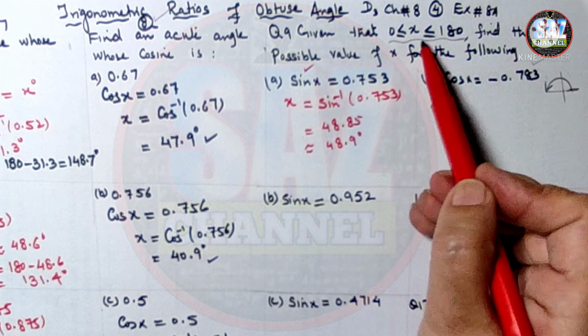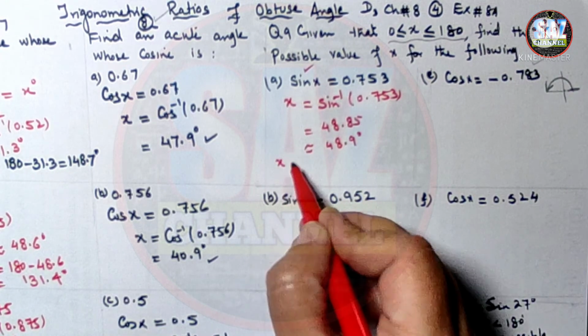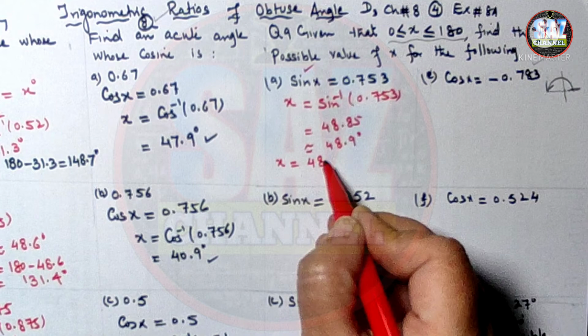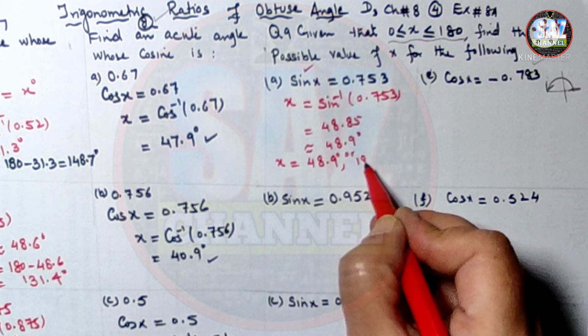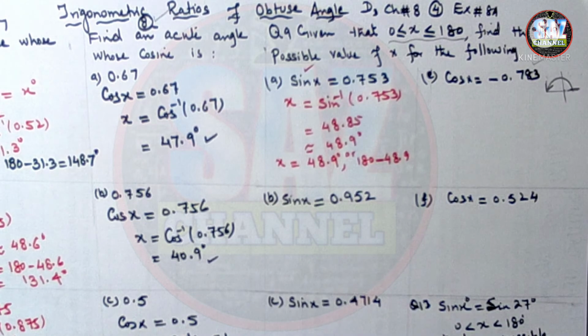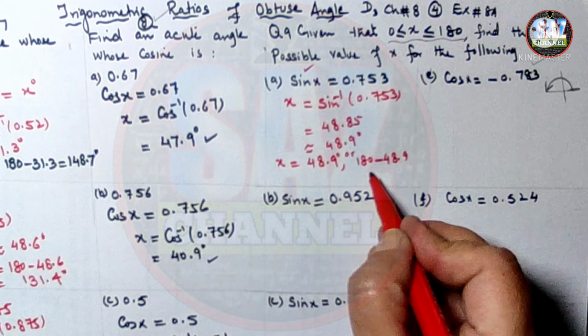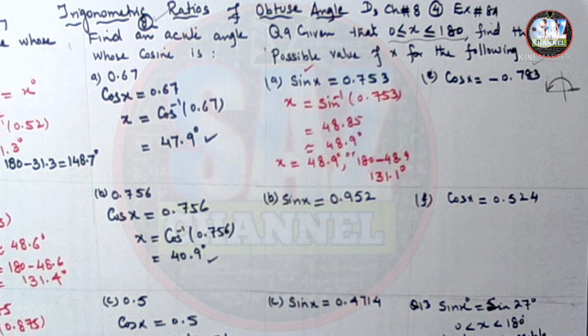Now, as the range is between 0 and 180, x will be equal to either 48.9 degrees or 180 minus 48.9, and this is 131.1 degrees. I hope you are clear about this part.